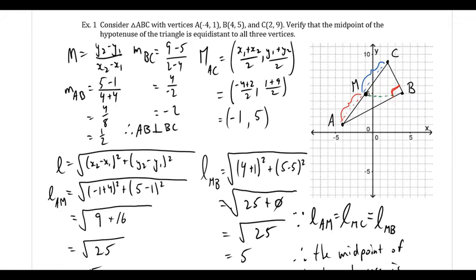And so the distance from the midpoint of the hypotenuse to all three vertices was the same. That's what we were proving ultimately, and that's how we did it.